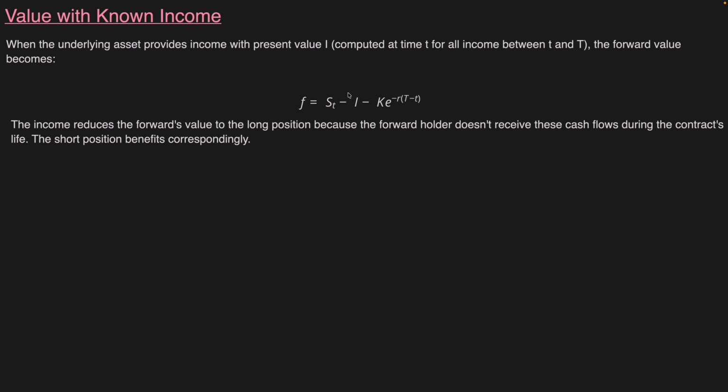The income which we have received reduces the forward value to the long position, because the forward contract holder does not receive these cash flows during the contract's life. The person holding the short position will benefit correspondingly. The person holding the long forward contract will not get any dividends or income, but the person holding the short position will get all those benefits.